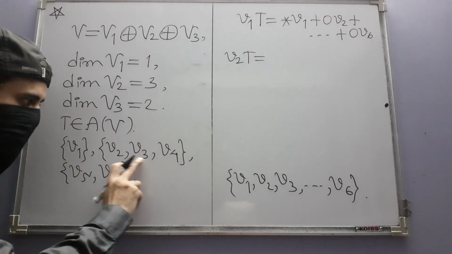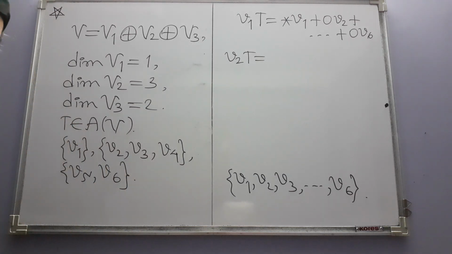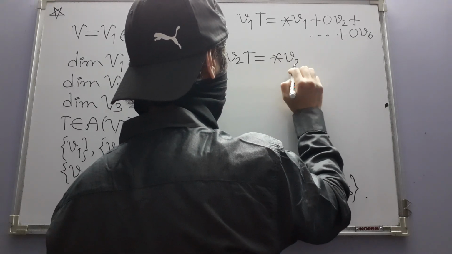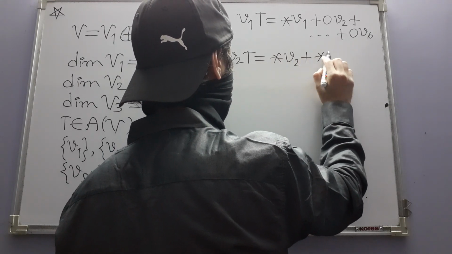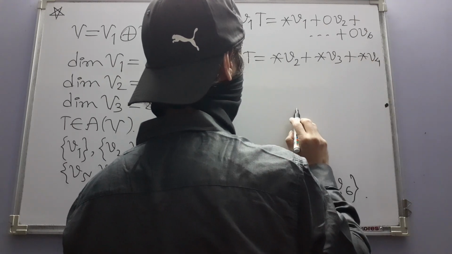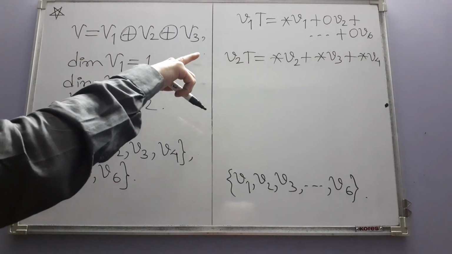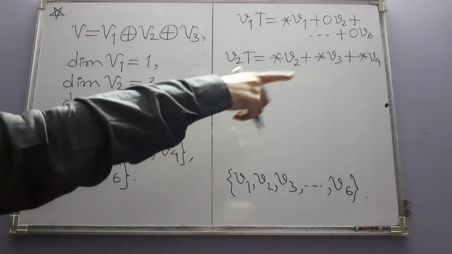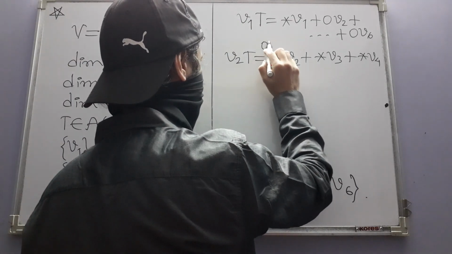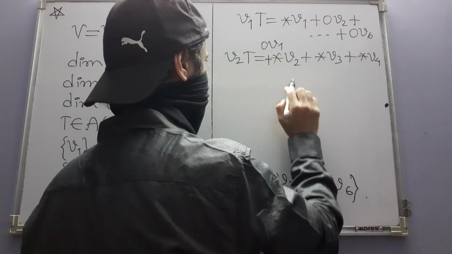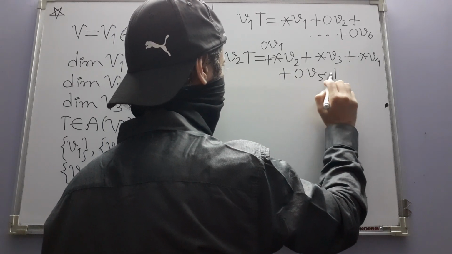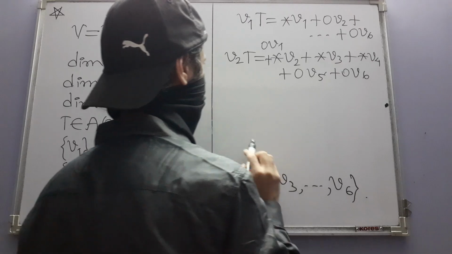So that will be a linear combination of V2, V3 and V4. So V2T is going to look like this: something times V2 plus something times V3 plus something times V4. The coefficients of V1, V5, V6 are going to be 0 there. Okay, so let me just simply write 0 V1 plus this plus 0 V5 plus 0 V6.